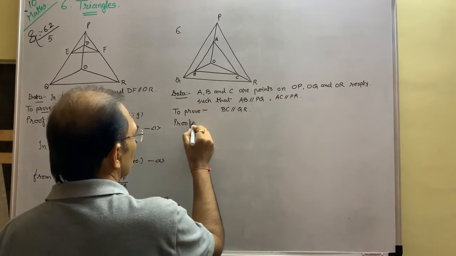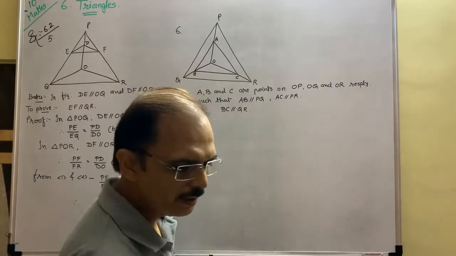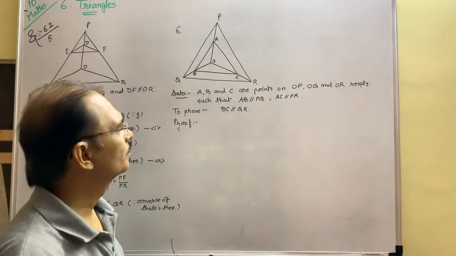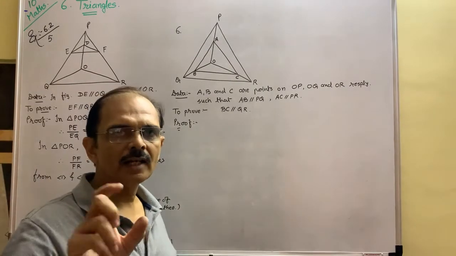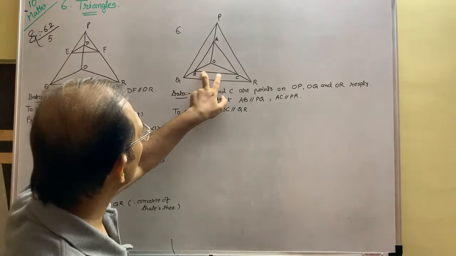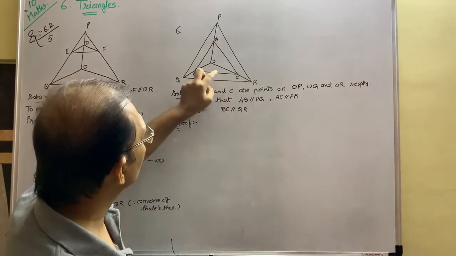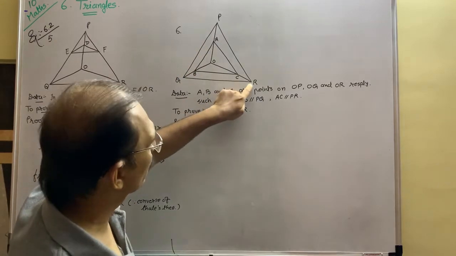See here properly. We want to prove what? BC parallel to QR. Find out BC and QR, and find out in which triangle they lie. BC and QR lie in triangle OQR.